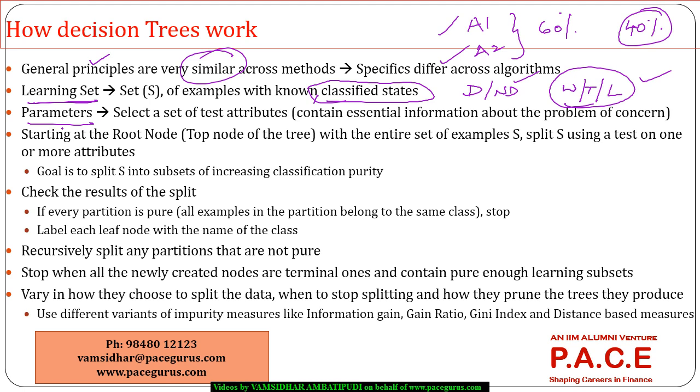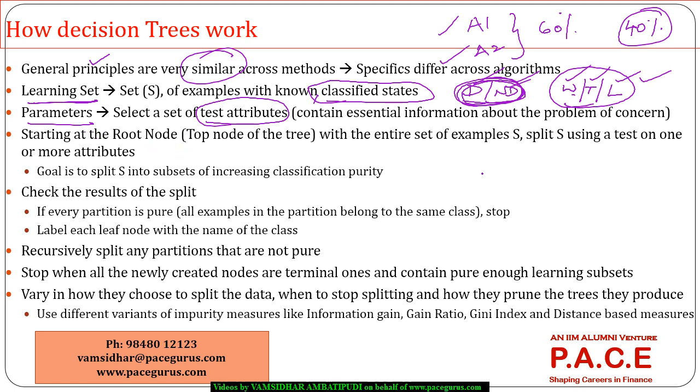Then we use the word parameters. We are talking about a set of test attributes: which variables, which factors will decide whether a person will default or not default, whether a particular team will win, lose or tie. What are the set of attributes that are going to decide this final classified state? Those all come out as parameters.